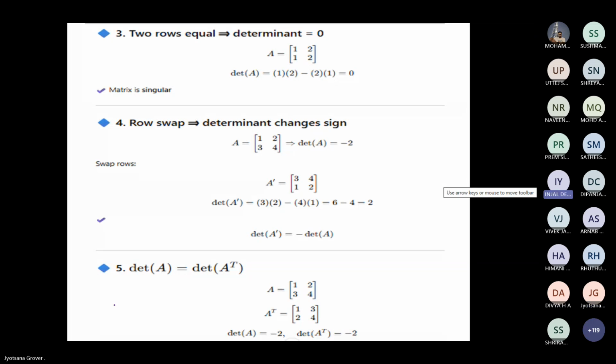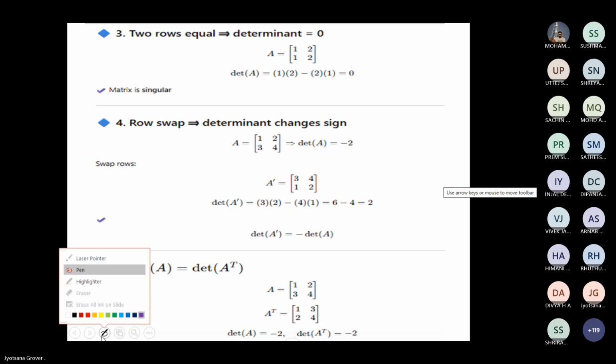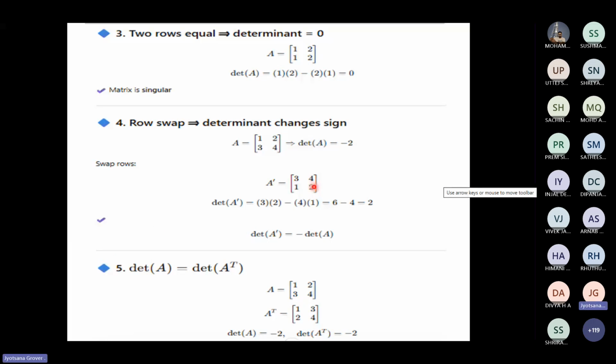If we swap two times, then again it will be the same, right? Yes, if you swap it again here, this becomes the second row, so it will become the original matrix only.